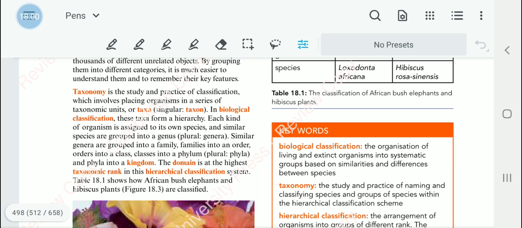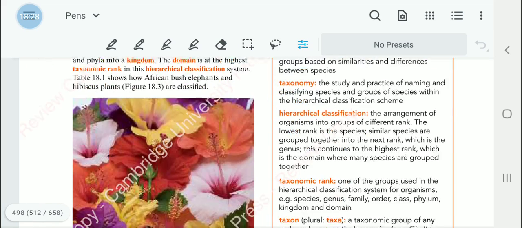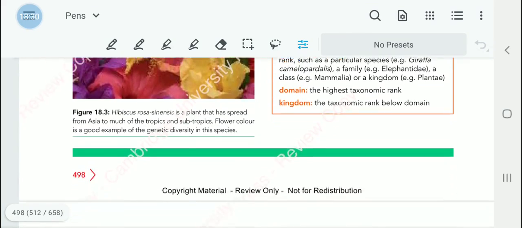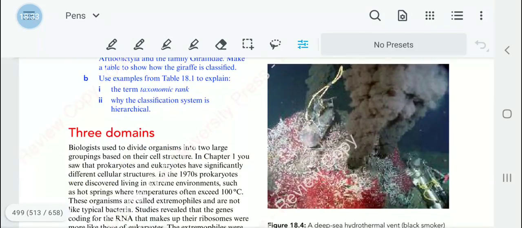We categorize them to their own species, and similar species will be grouped into a genus or genera. Then similar genera will be grouped into a family, families into order, orders into class, classes into phylum. We are going up. Then the different phyla get together to produce kingdom, and domain is the highest taxonomic rank in the hierarchical classification system. So you have now understood what is meant by that.